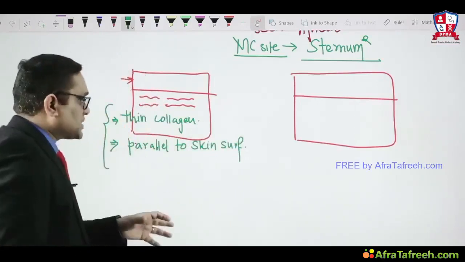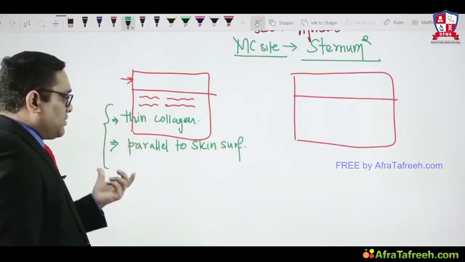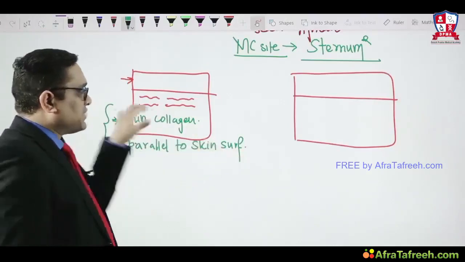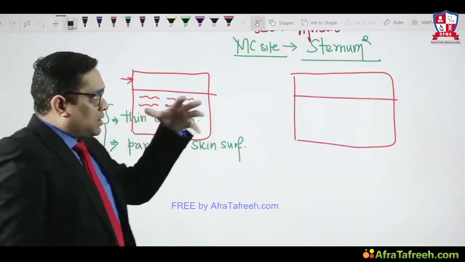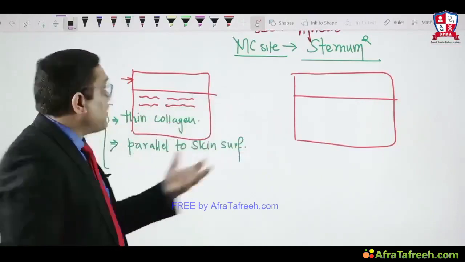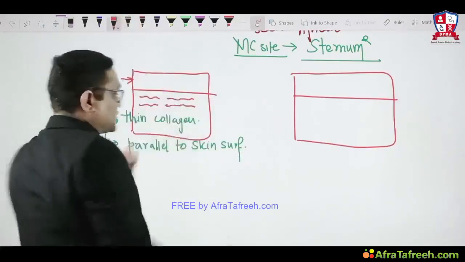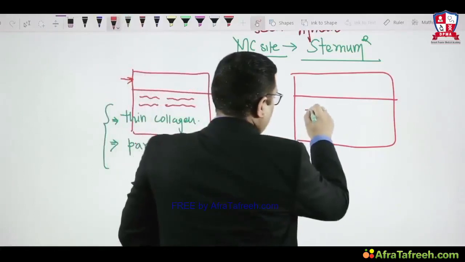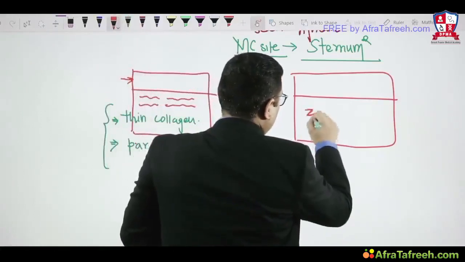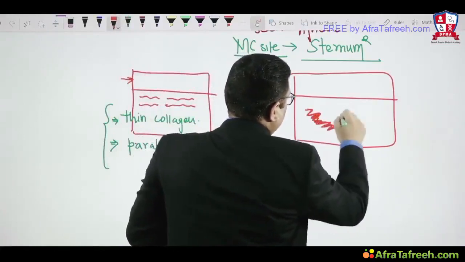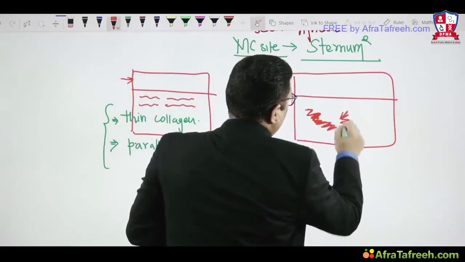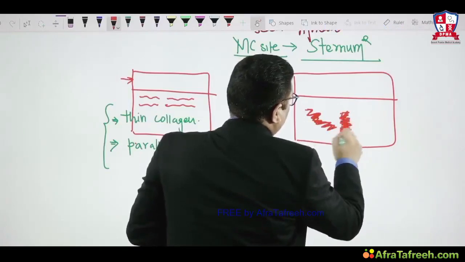In hypertrophic scar, collagen will be thin and have a parallel arrangement to the skin surface, as I have demonstrated in this diagrammatic picture. In keloid, you will see wavy fibers with thicker collagen bands. You will see thick collagen bands and they will have a disorganized arrangement.